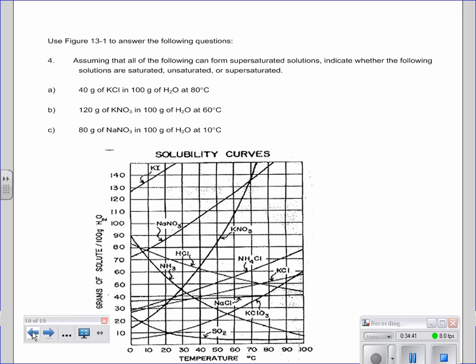You're saying if you had potassium chloride, which we find right here, and in 100 grams of water, we had 40 grams at 80 degrees Celsius. So 80 degrees Celsius and 40 grams is right there, I believe. So what would you call that? And it's below the line, so unsaturated.